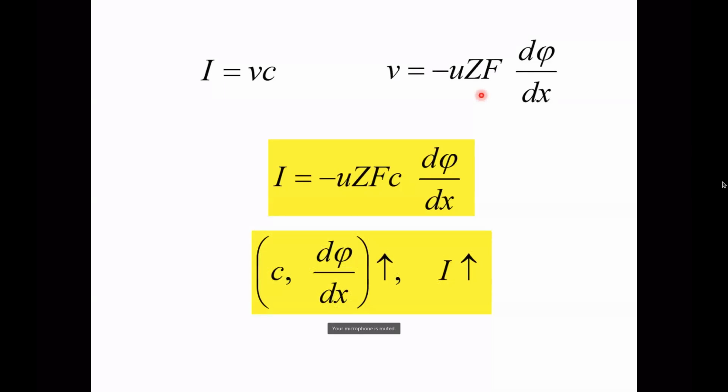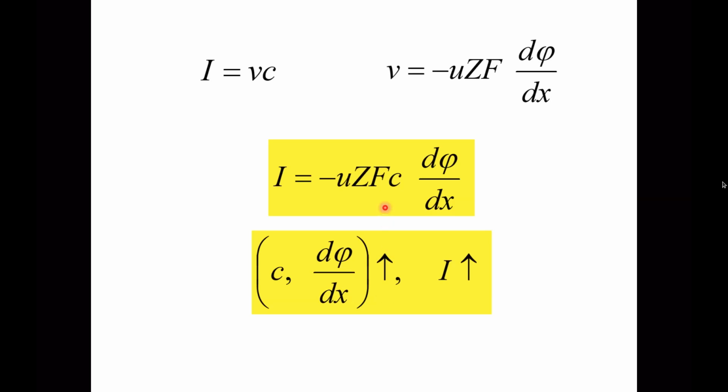Now, what do we see? If you increase the concentration of the ions, the electrical current increases too. If you increase the electrical field, this is a potential and this is x thickness, for instance, the electrical current increases too. So this is the idea, to get the ions of the drug into the human organism because of the external electrical field.